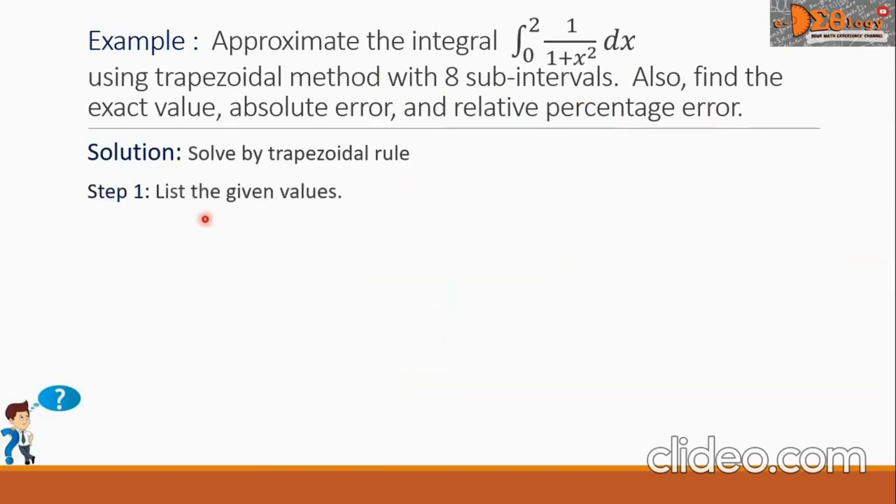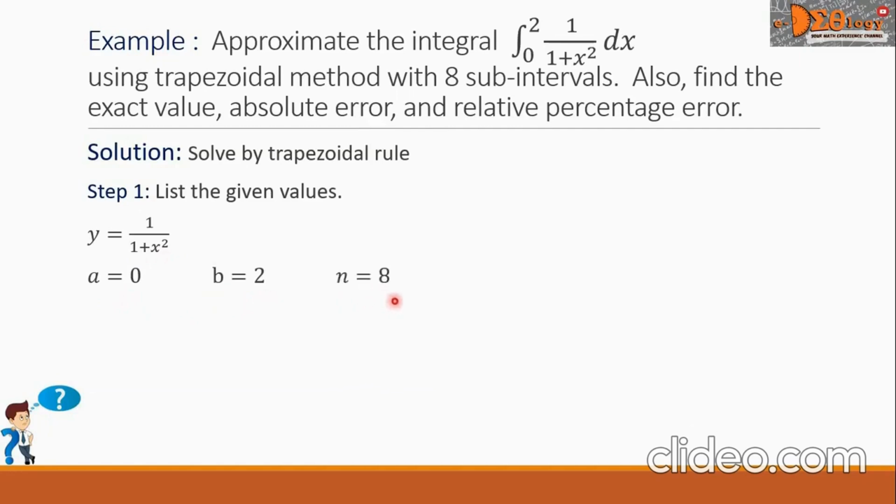Step 1, we're going to list the given values. The function, or y, equals 1 over 1 plus x squared. Then we write the limits a and b. The values are 0 and 2 respectively.